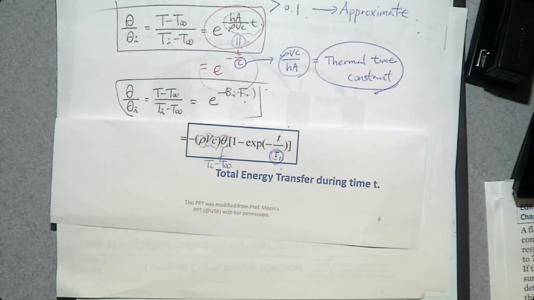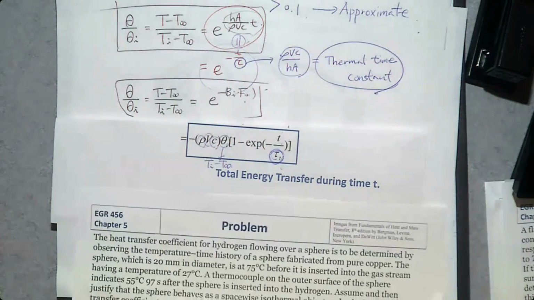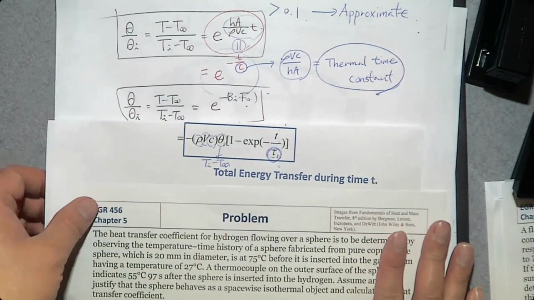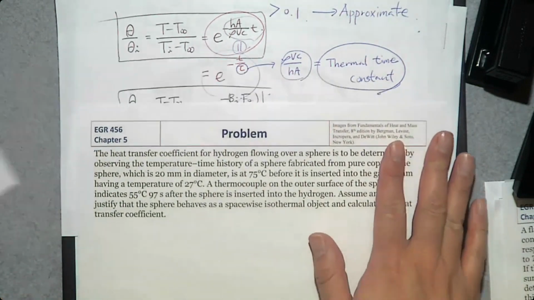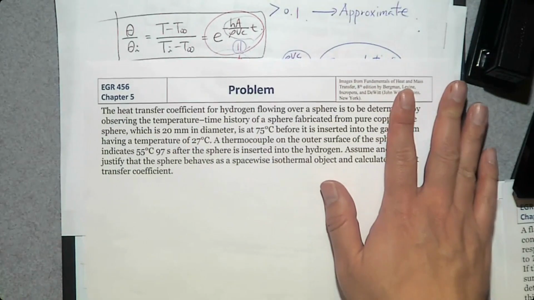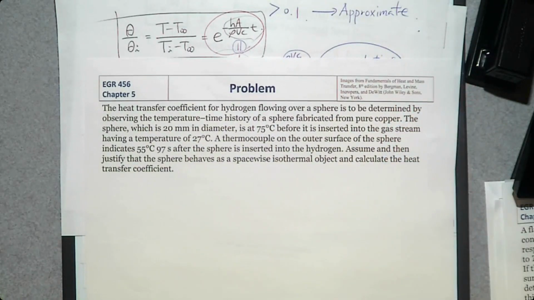Now we are going to solve a problem together to learn how to use these equations. Let me know if I go too fast or too slow. So we have a heat transfer coefficient h.